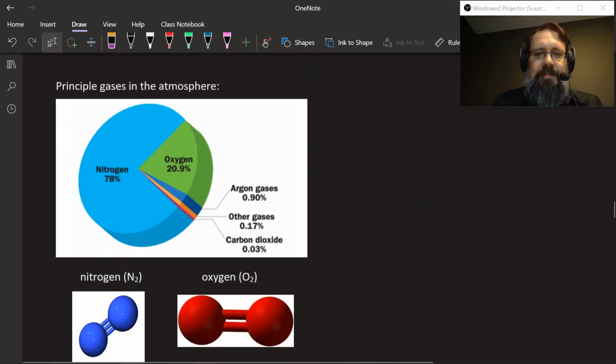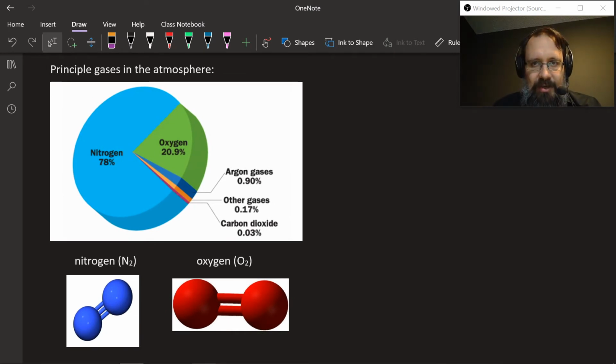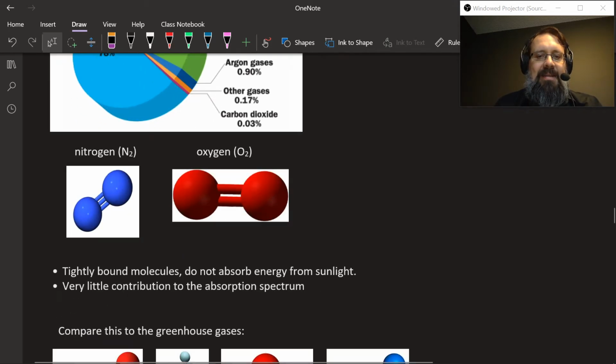All right, first, before we get to that, I want to talk about the gases in the atmosphere. So here's a pie chart showing you the percentage makeup of the gases in the atmosphere. You can see that by far, the Earth's atmosphere is predominantly made of nitrogen and oxygen. If you look at the molecular structure of nitrogen and oxygen, you'll notice that they're diatomic gases, consisting of two atoms, and they're very tightly packed together.